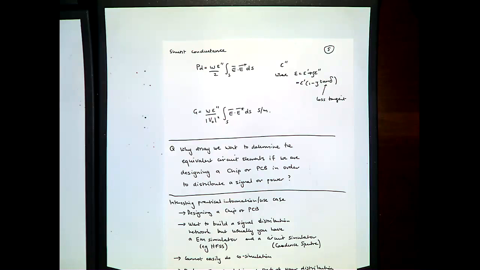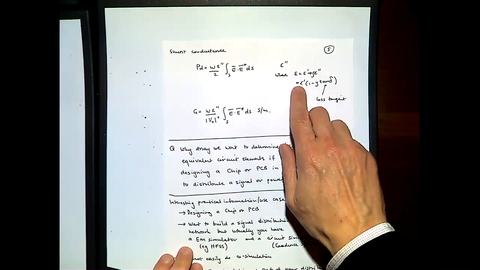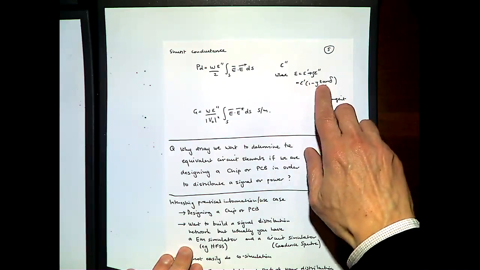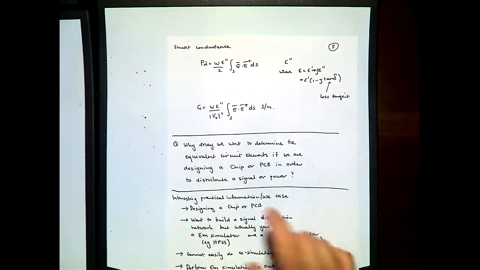Here I'm showing you how you can rewrite the complex permittivity as a function of relative permittivity and the loss tangent in order to determine the complex component, which is essentially just epsilon dash tan delta. And then from that you can work out the relative conductance.